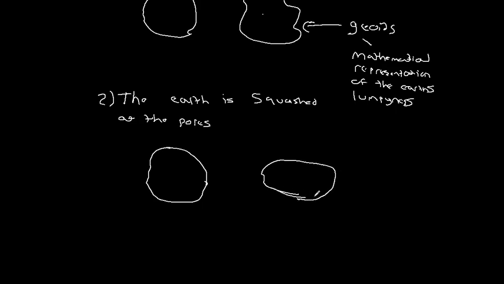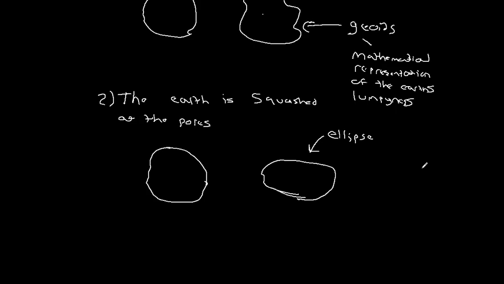And if you spent any time in geometry or algebra 2, you hopefully might recognize that when you take a circle and you squish it, you end up with what's called an ellipse. An ellipse is what happens when you squish a circle. So the Earth, if you were to cut it cross-sectionally, is actually an ellipse.